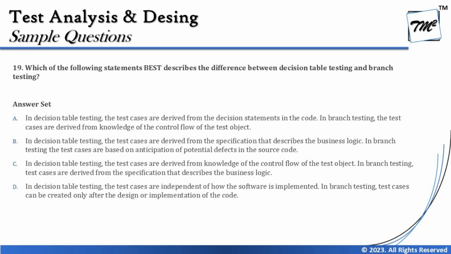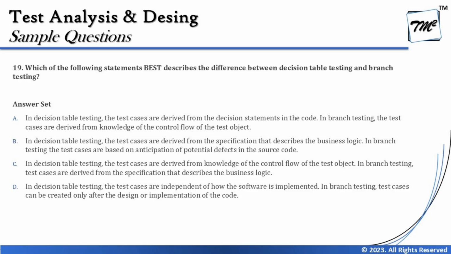They just used the word implementation in both statements, but they also made it clear that decision table testing is independent of the implemented code, which makes it pretty clear that this is not dependent on the code. And yes, it is not. So that's how you basically have to be patient enough to read every single word in the option. If you just do some misplacement while reading these options, that is where you would go wrong very easily, right?